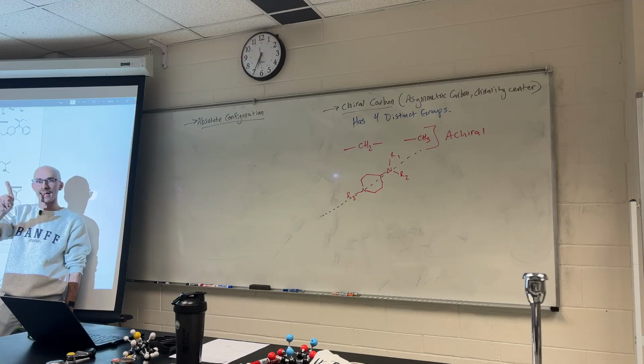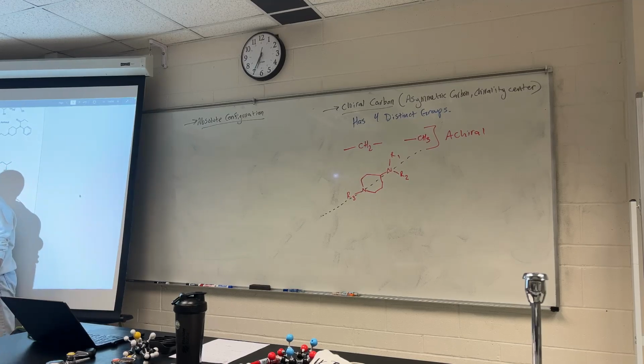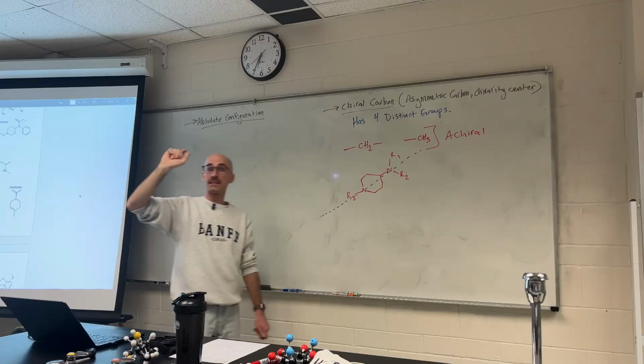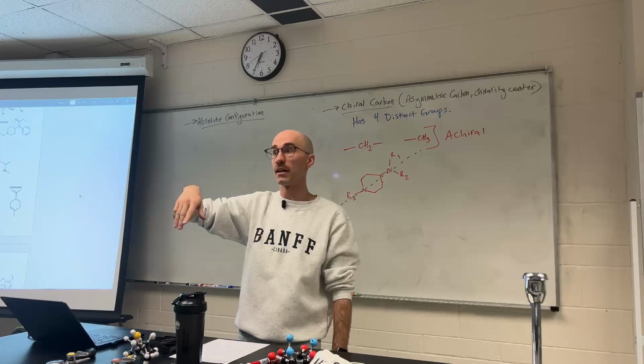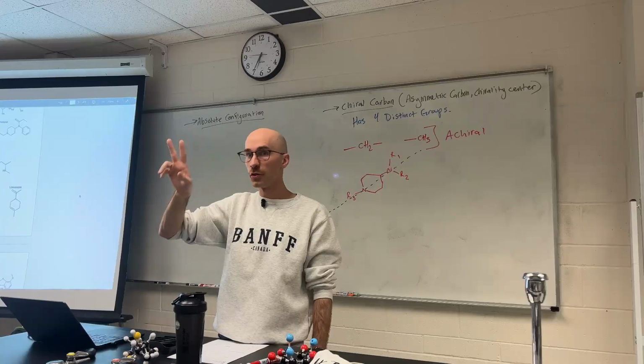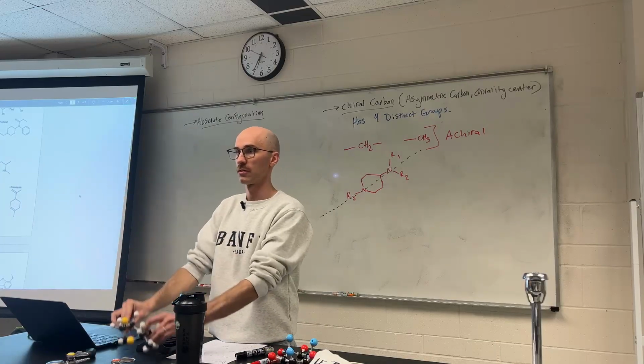It's the carbon that connects to the nitrogen, to the amine. Methyl, a benzene ring, a hydrogen, and the amine. Four distinct groups. So that chiral carbon can either have the amine group wedged or dashed. Those are the two configurations that are different from each other, that are mirror images.